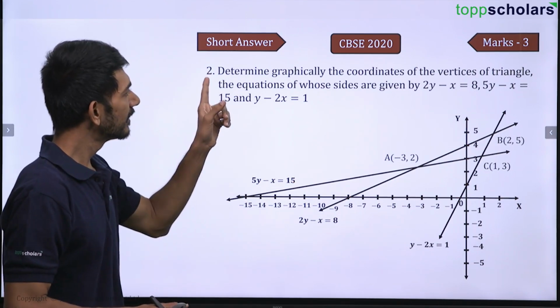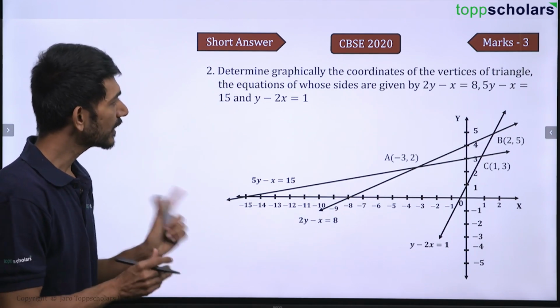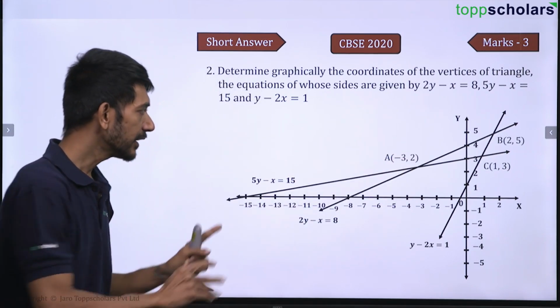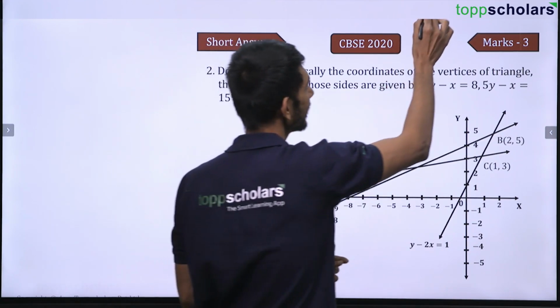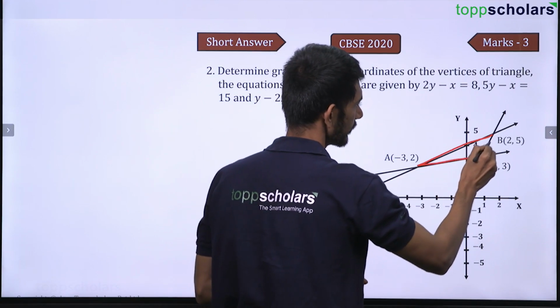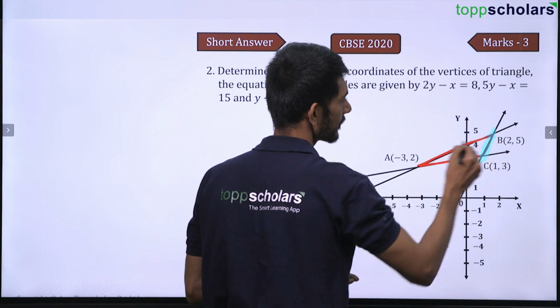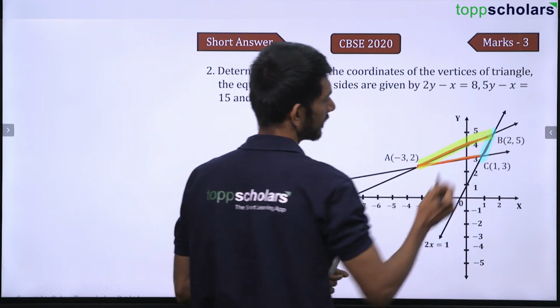The question says, determine the coordinates of the vertices of the triangle, the equation of whose sides are. So 3 lines we have drawn. After that, you see where they are intersecting and how the triangle is formed. So can I say the triangle is formed over here. This line, and this line.